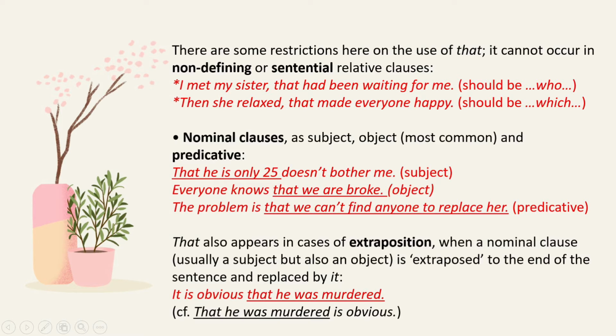The problem is that we cannot find anyone to replace her. That also appears in cases of extraposition, when a nominal clause, usually a subject but also an object, is extraposed to the end of the sentence and replaced by it. For example, it is obvious that he was murdered.